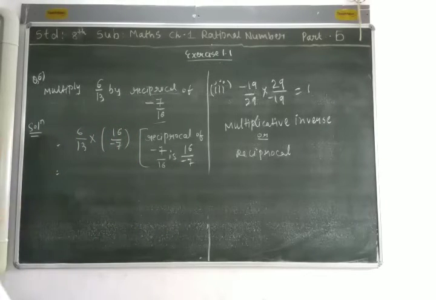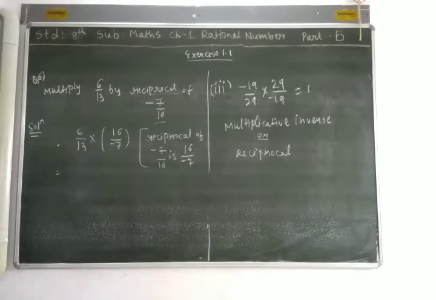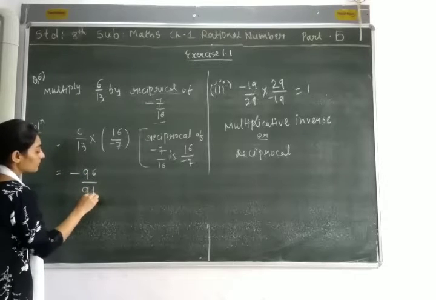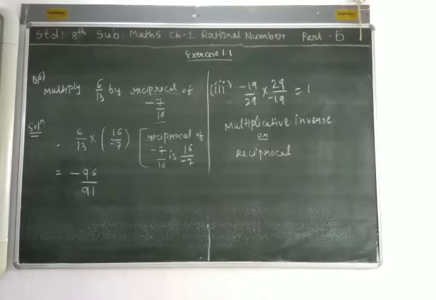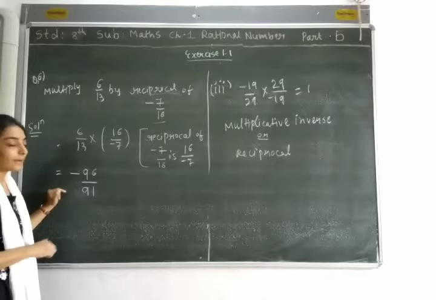Now just multiply that one. So the answer is minus 96 upon 91. That is the answer.